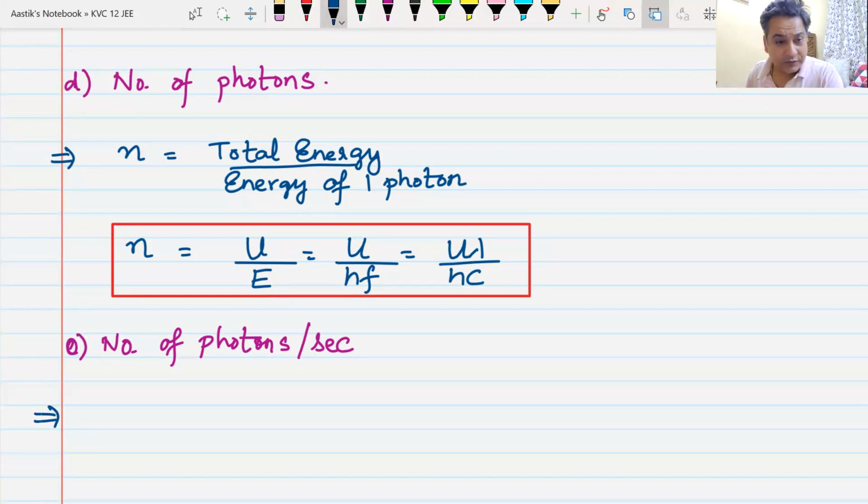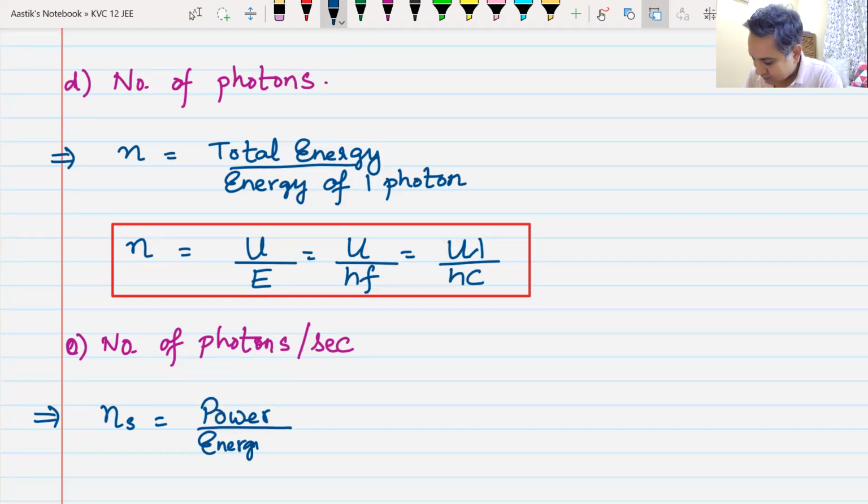Number of photons per second, let me call it ns, S standing for per second. That will be equal to total energy divided by total time. So I can write it as power falling divided by the energy of one photon. Do we understand this?